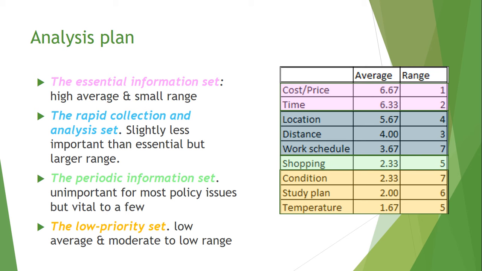The shopping is a periodic set of information. It's unimportant for most policies, but vital to few. As you can remember from the table before, shopping was important only for vacation or buying a house, not for giving the CPA exam.